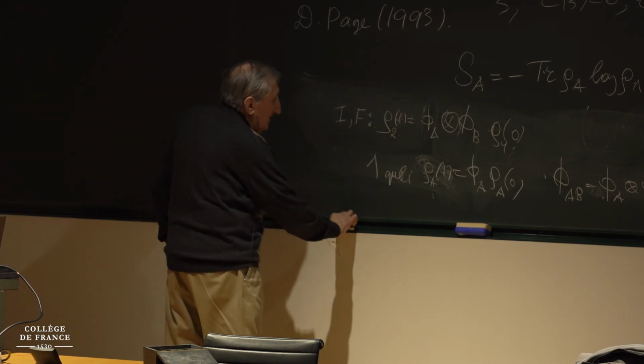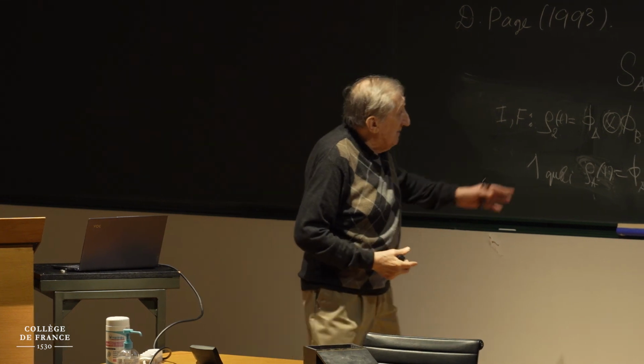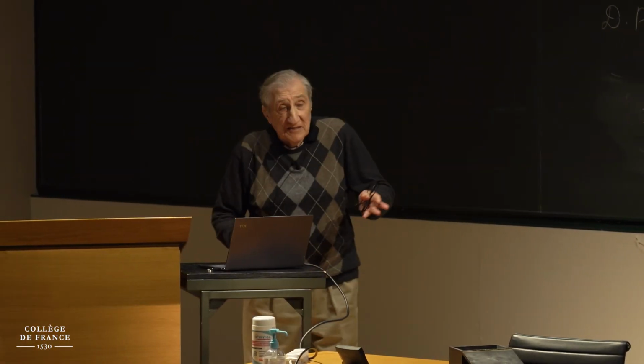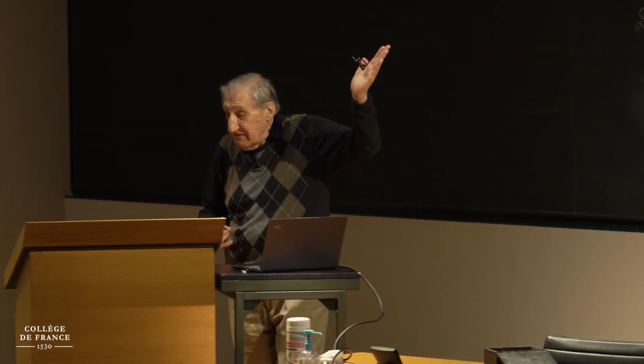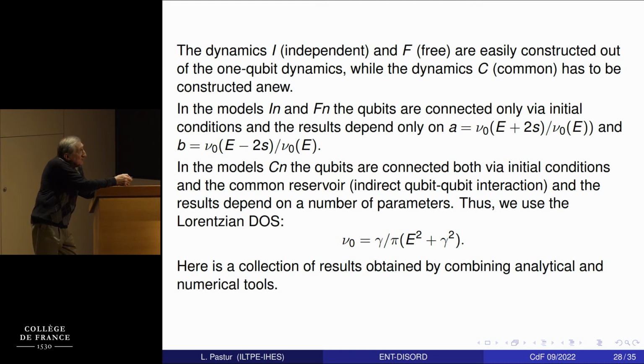The third case, when you have a common environment for both spins, the dynamics is not factorized, and in the first 2 cases, I can use just the formulas that I have written before, but in that case, you have to work in U, and the situation is not simple, so we take as a density of states a very simple formula, the so-called Lorentz distribution.